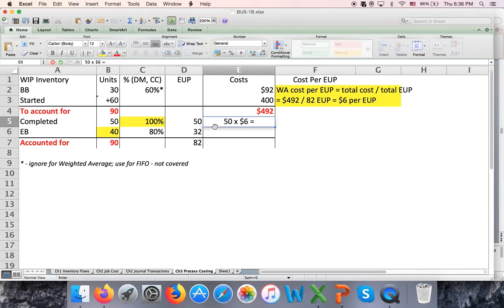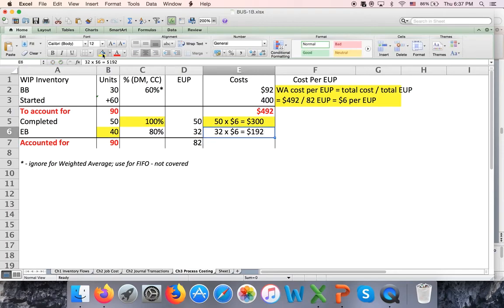So I'm going to assign $300. I'm going through all this calculation to know how much cost to assign to the units completed and transferred out, and how much cost to assign to the engine balance. And we have 32 EUPs, not 40, 32 at $6 of production cost per EUP, and that's 192.